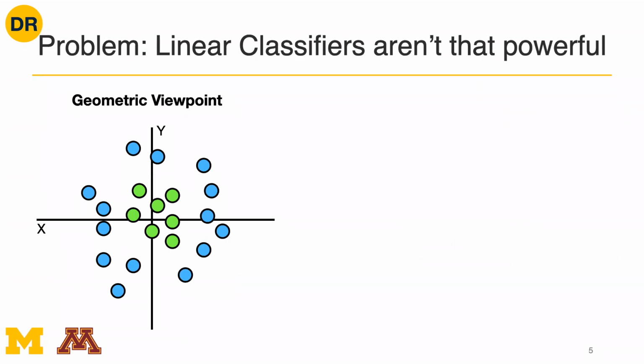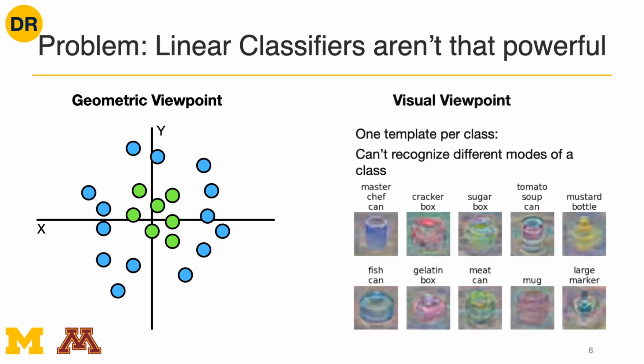For instance, in this particular case, you don't have a linearly separable data cloud, so it's not going to work. And also, we saw from a visual viewpoint that you only have one template that can represent a particular class or category, because your W is going to be a dimension of the class and the input vector.